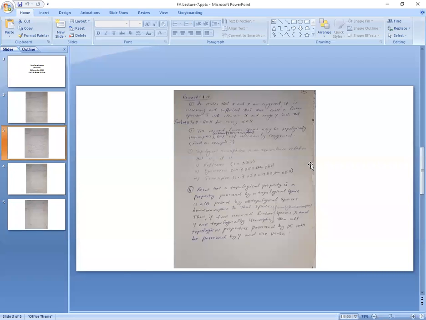There exist examples which show that two normed linear spaces may be topologically isomorphic, but not necessarily congruent. Third remark, remember that topological isomorphism is an equivalence relation.